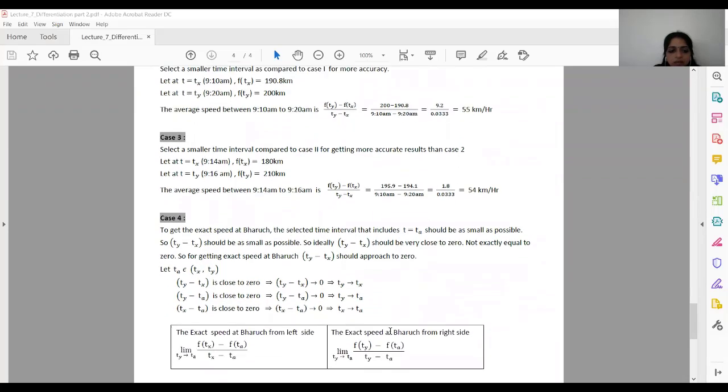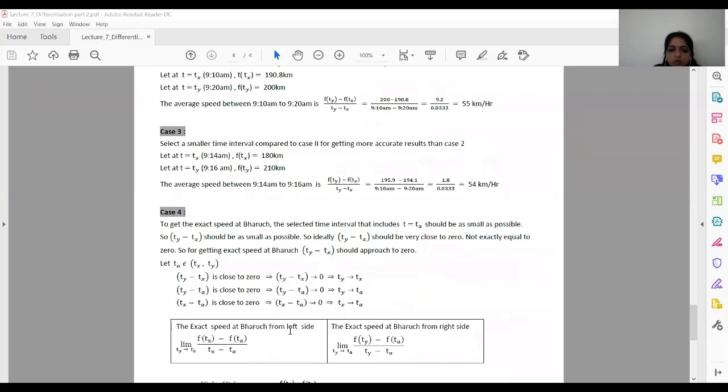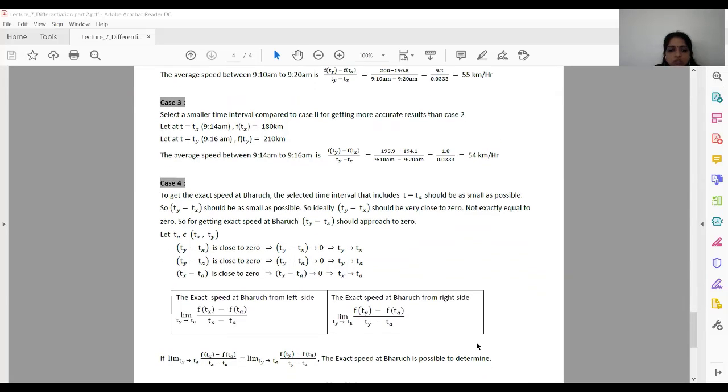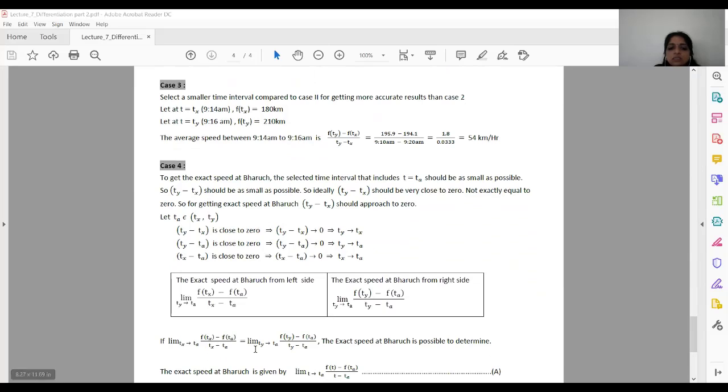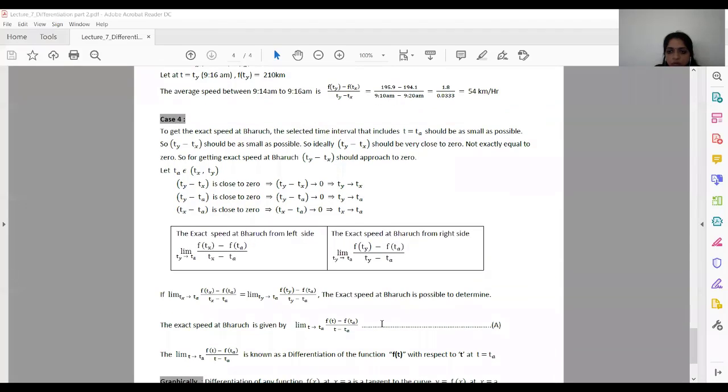So we can say that the exit speed at Bharuch from the left side and the exit speed at Bharuch from the right side, both answers will be equal. If both answers are equal, the exit speed at Bharuch is possible to determine.